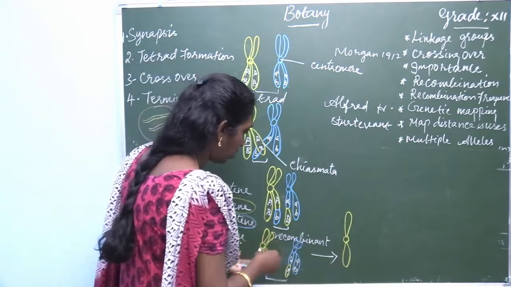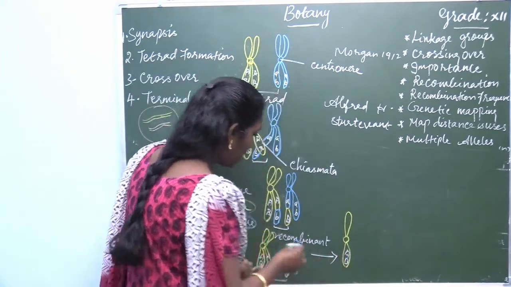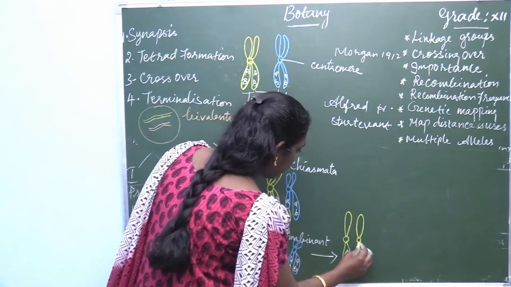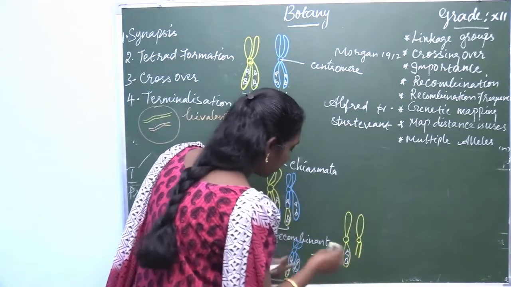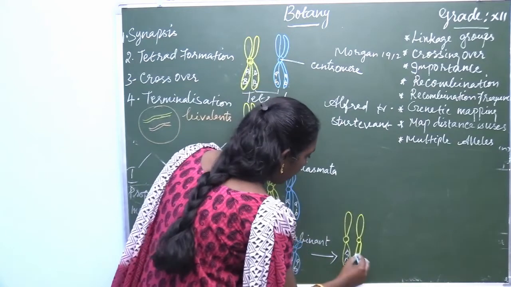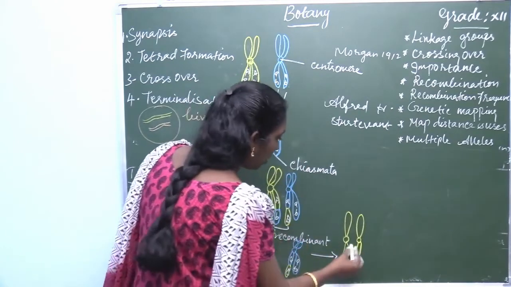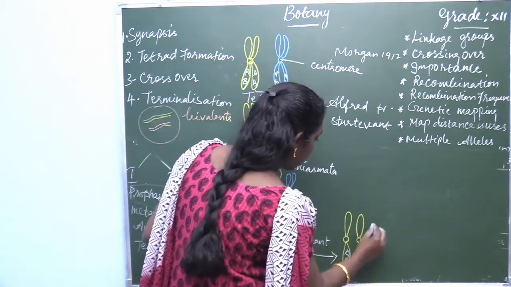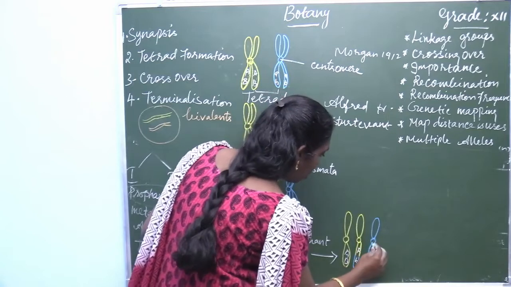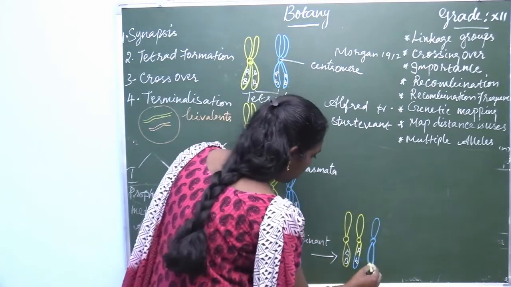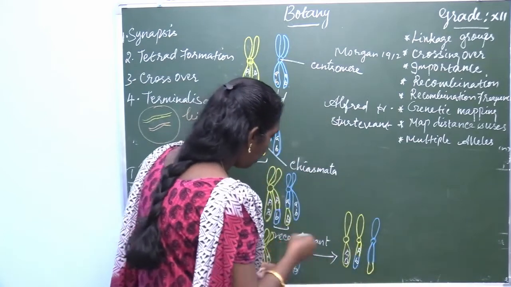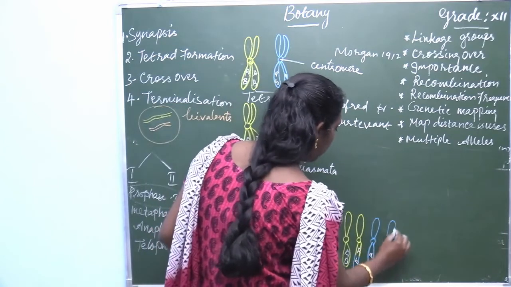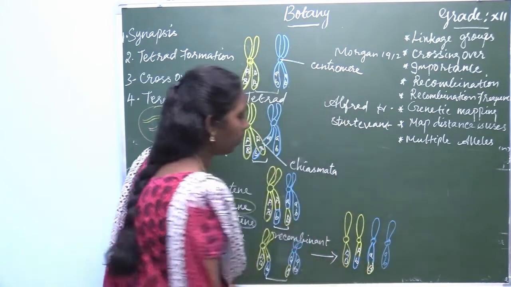This one consists of capital A, capital B, and this segment consists of capital A and small b, and this one consists of small a, capital B, and this one resembles the parent, small a, small b.